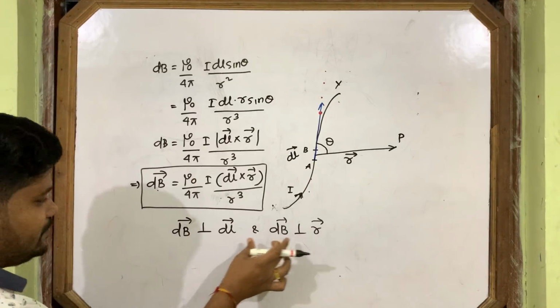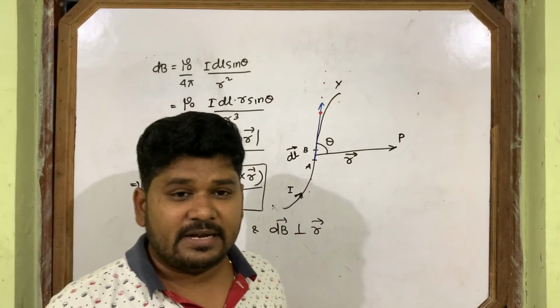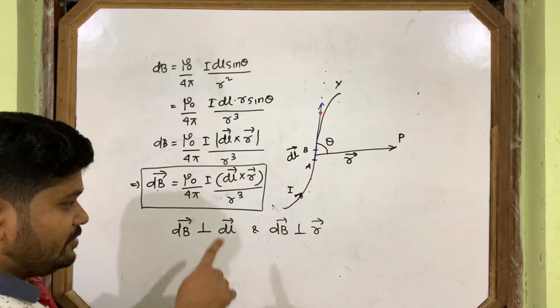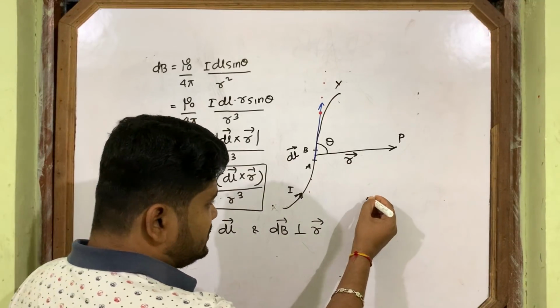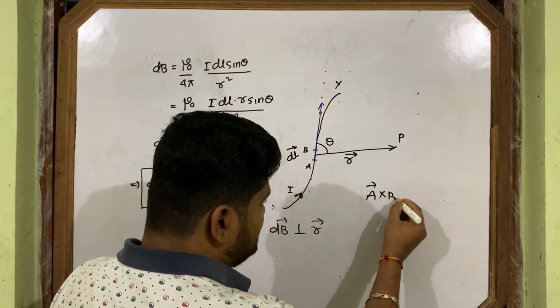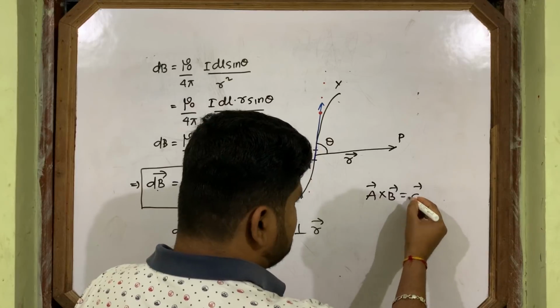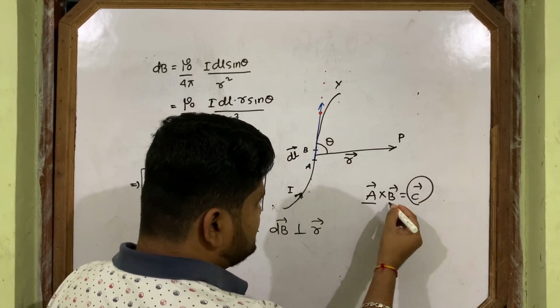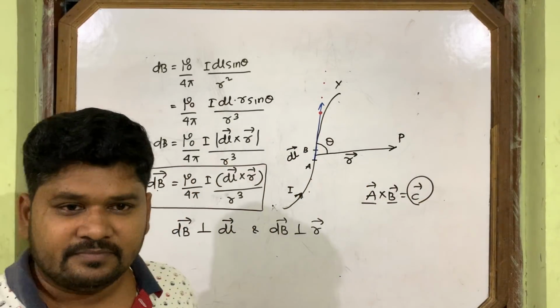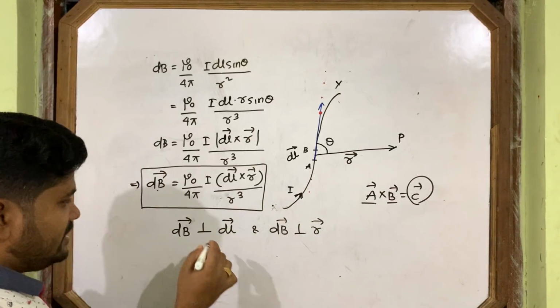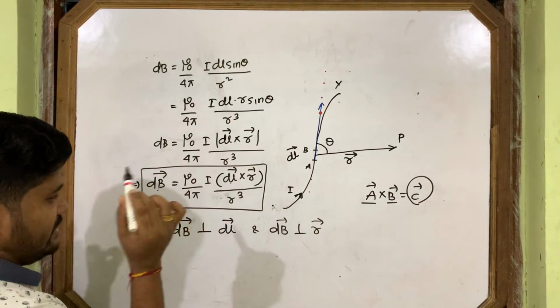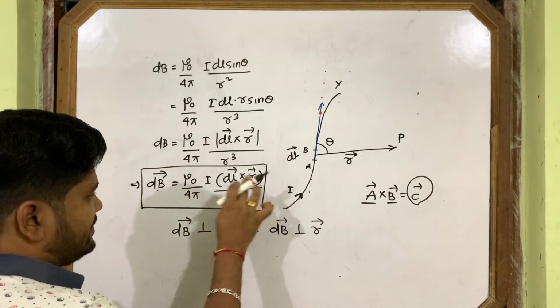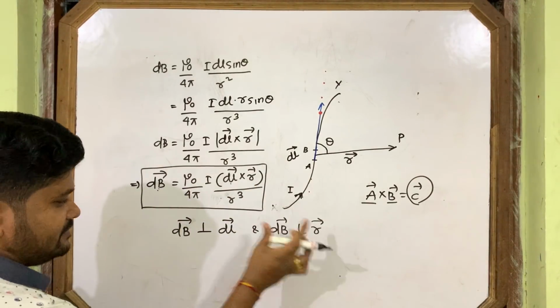We got two pairs of perpendicular vectors here. In a cross product, a cross b is equal to c, c is perpendicular to a and c is perpendicular to b.